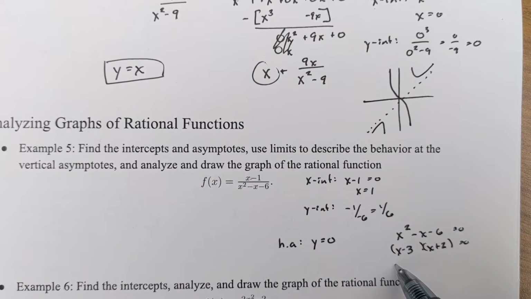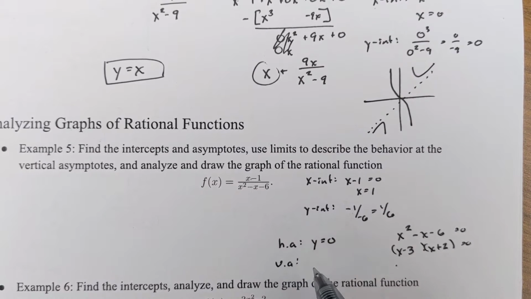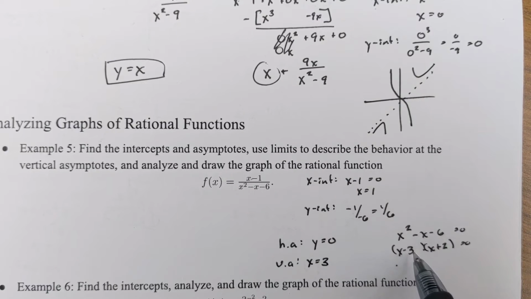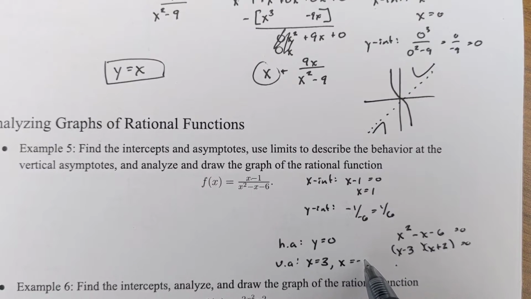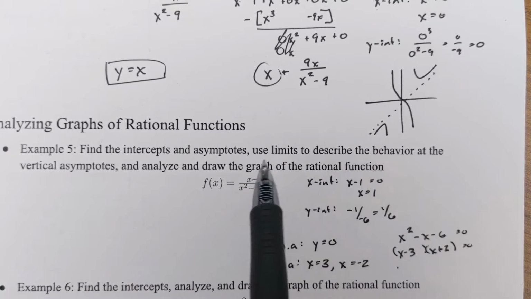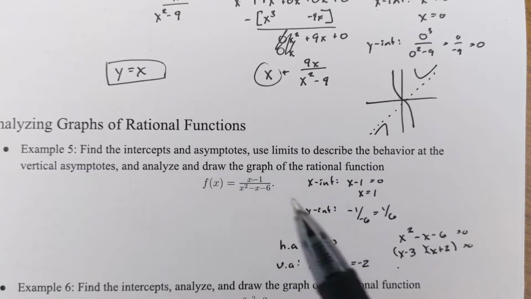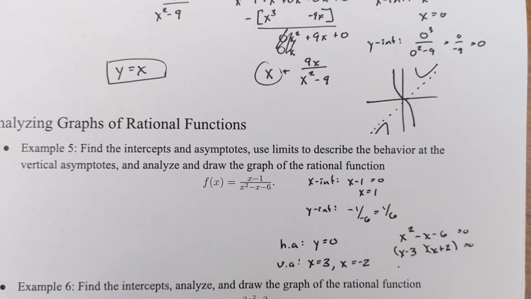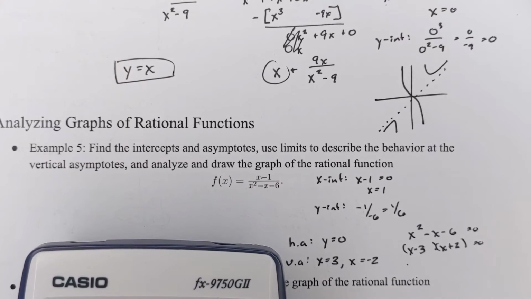So I have a vertical asymptote at x equals 3, because that makes that 0, and over the quantity x squared minus x minus 6.